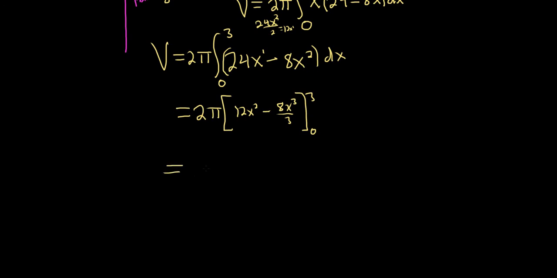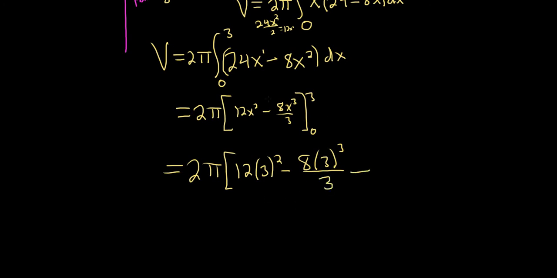So this is equal to 2 pi. Plugging in the 3 first, we get 12 times 3 squared minus 8 times 3 cubed over 3, putting a 3 in for all of the x's. And then minus, now when you plug the zeros in, it's really nice because they all go away. So you just get 0.